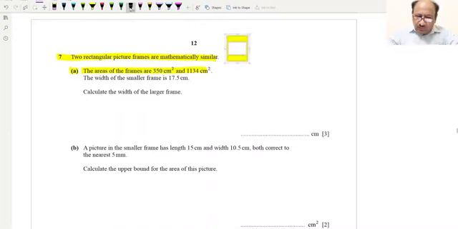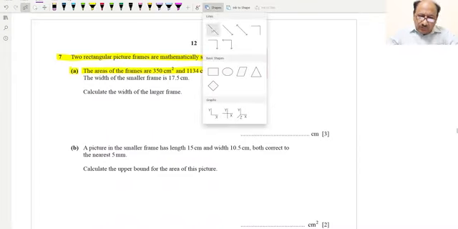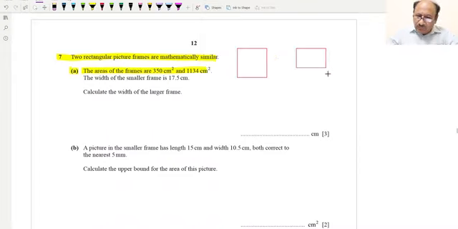One frame is this one, and another frame we can draw, which is mathematically similar but a little bigger in size.